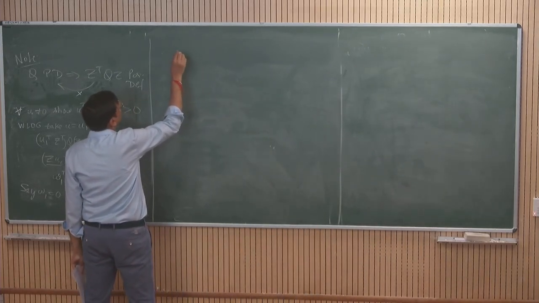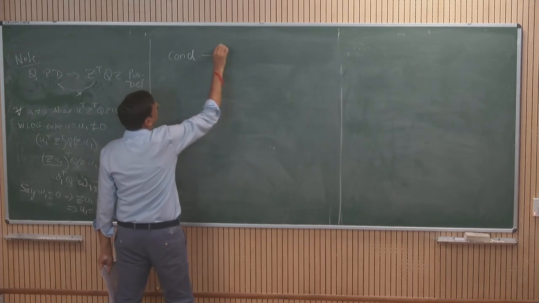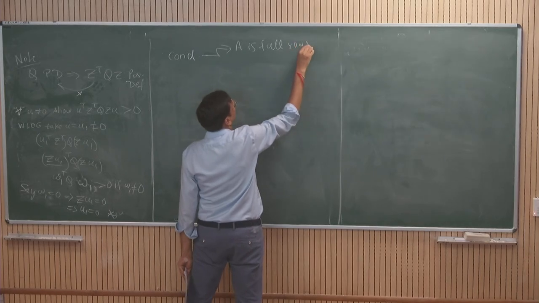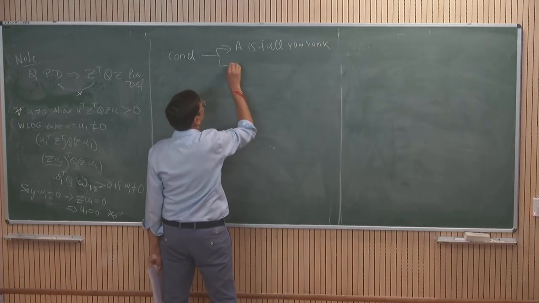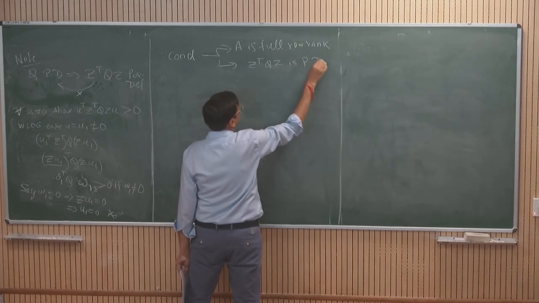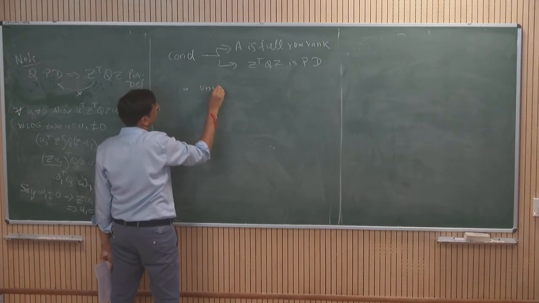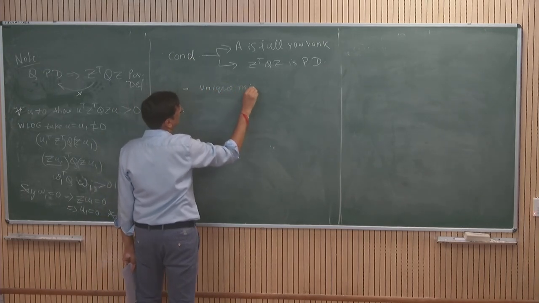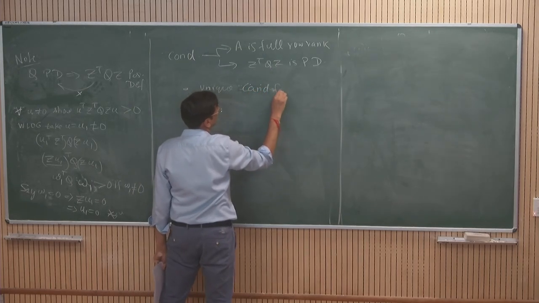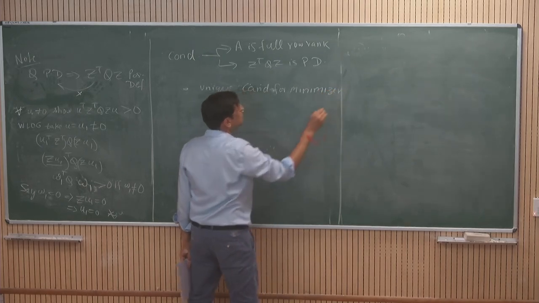So the conditions which I wrote earlier were that A is full row rank and Z transpose QZ is positive definite. It gives us three things. It gives a unique candidate for minimizer. This is what we just showed.